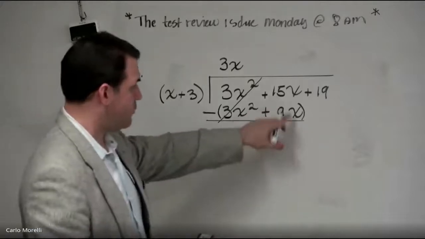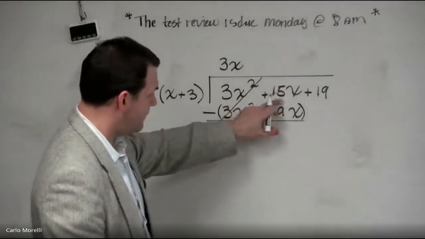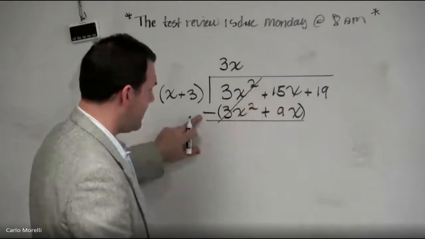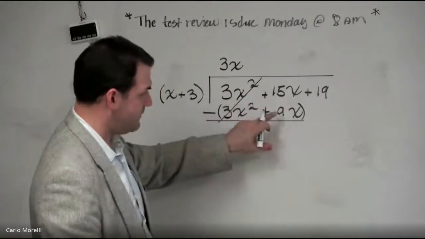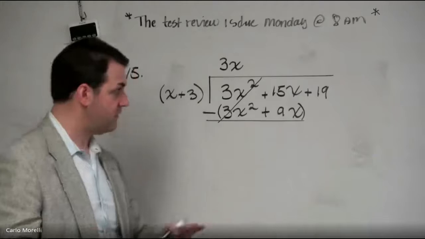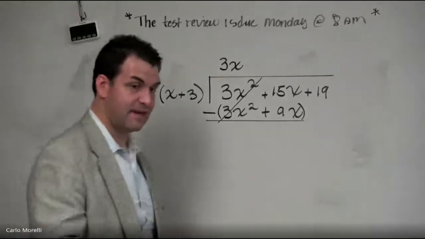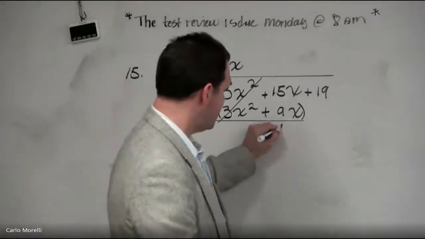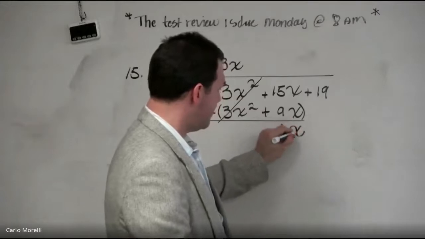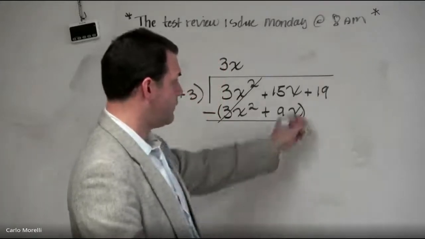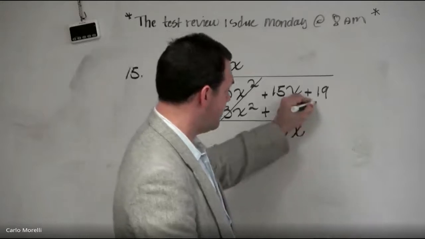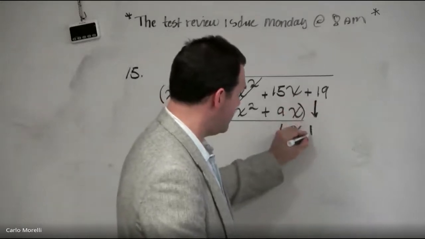Now these they don't always cancel. So you do 15x minus positive 9x. So just straight subtraction. 15 minus 9 is 6. So we write 6x. And just like in long division, we bring down the next term, which in this case is plus 19.